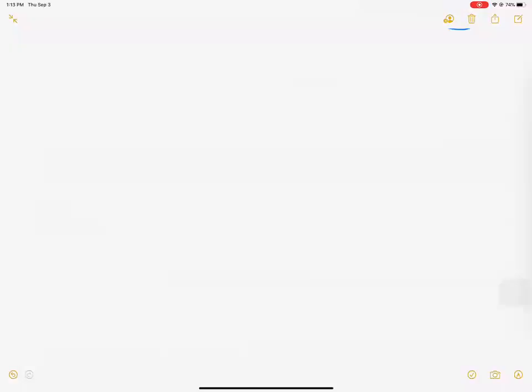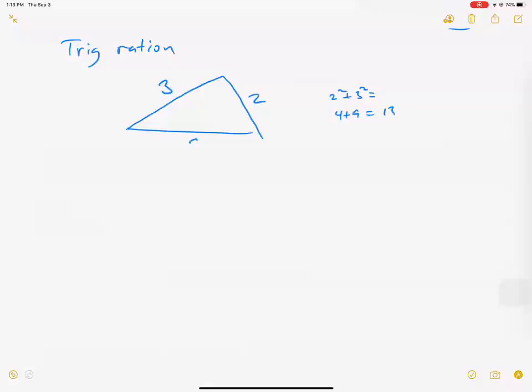So last time, we were deciding what the ratio was for sine, cosine, tangent for a given triangle. Trig ratios, which is sine, cosine, tangent. If I give you a triangle, let's say this side is 2, and let's call this 3 over here. 2 squared plus 3 squared is 4 plus 9 is 13.